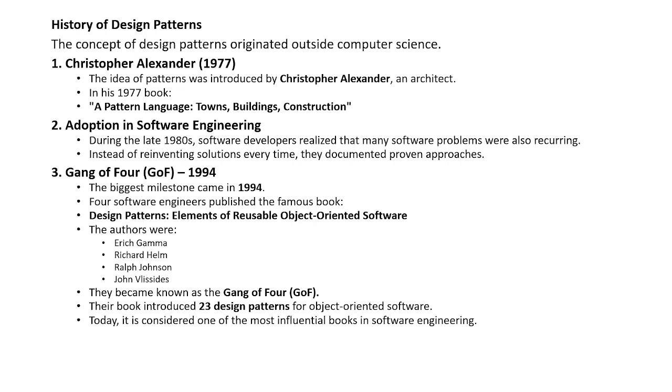Finally, in 1994, a few authors, Erich Gamma, Richard Helm, Ralph Johnson, and John Vlissides, who are also known as the Gang of Four, GOF, created this very big milestone. They introduced the 23 design patterns.